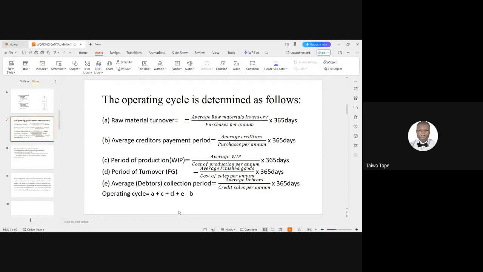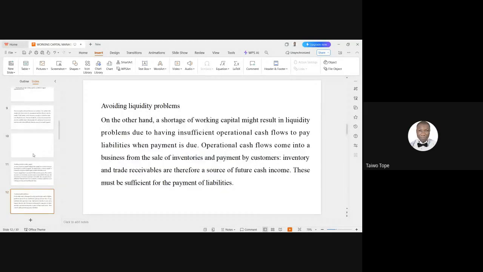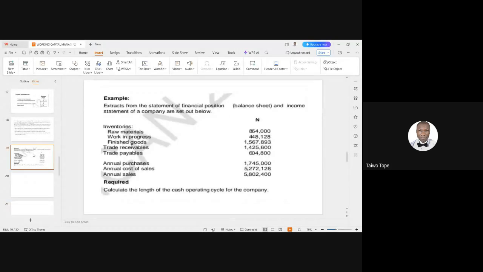So let's see what to do now with this question. This is an example. Extracts from the statement of financial position, that is balance sheets, and income statements of a company are set out below.